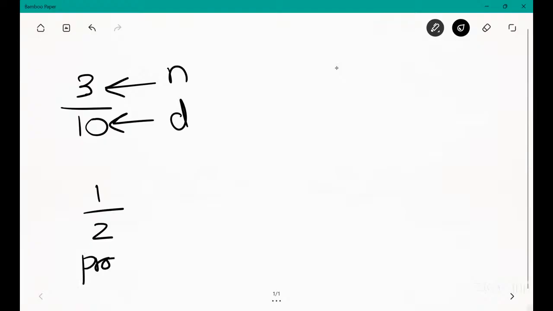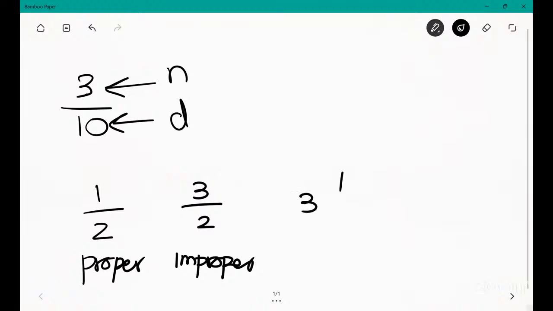If your numerator is greater than your denominator, you call it an improper fraction. Then you also have mixed fractions, where you have a whole number and a fraction, let's say 3 and 1 over 2. This is what you call a mixed fraction.